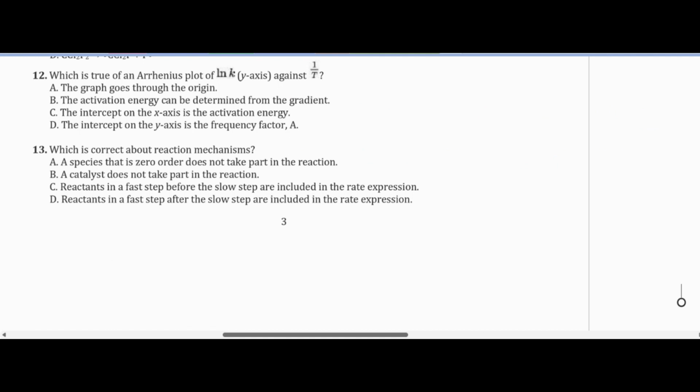Question 12. Which is true of an Arrhenius plot of ln k against 1 over T? So what we need to realize here is that we can substitute y = mx + c into the ln k equation. So I'm just going to write that out.